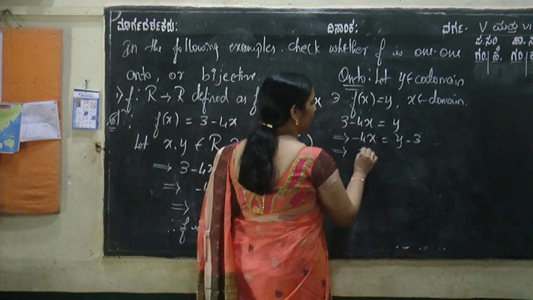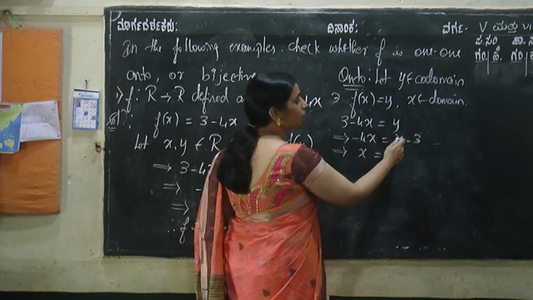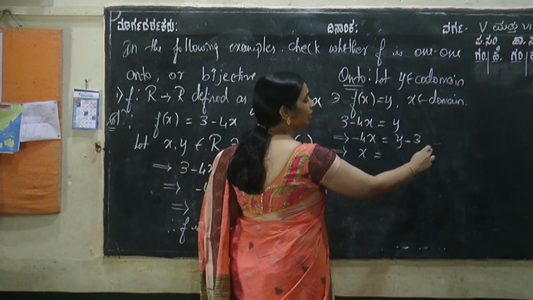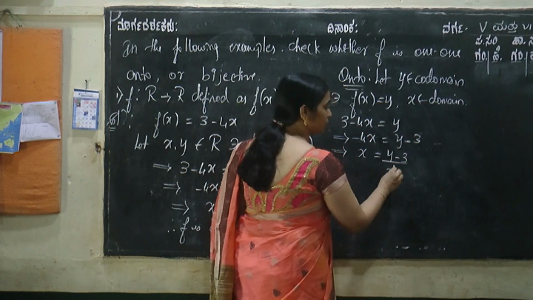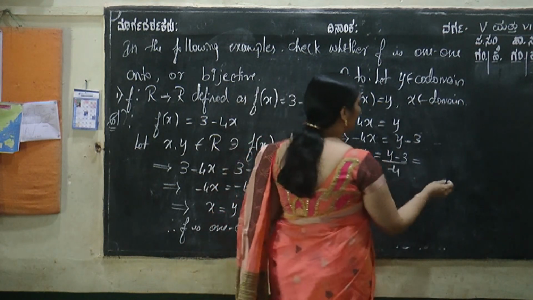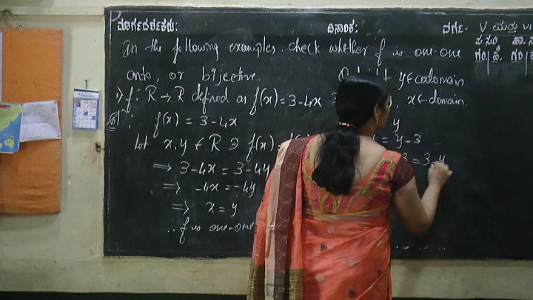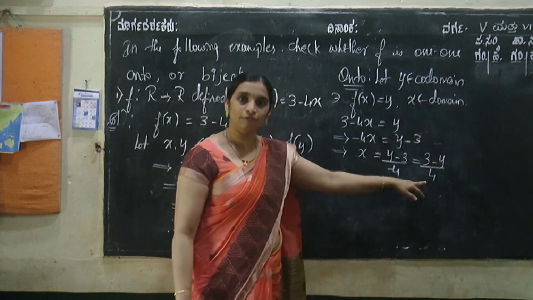So x is equal to y minus 3 divided by minus 4, or we may rewrite, taking the negative sign above, x is equal to 3 minus y divided by 4. This is the value of x.